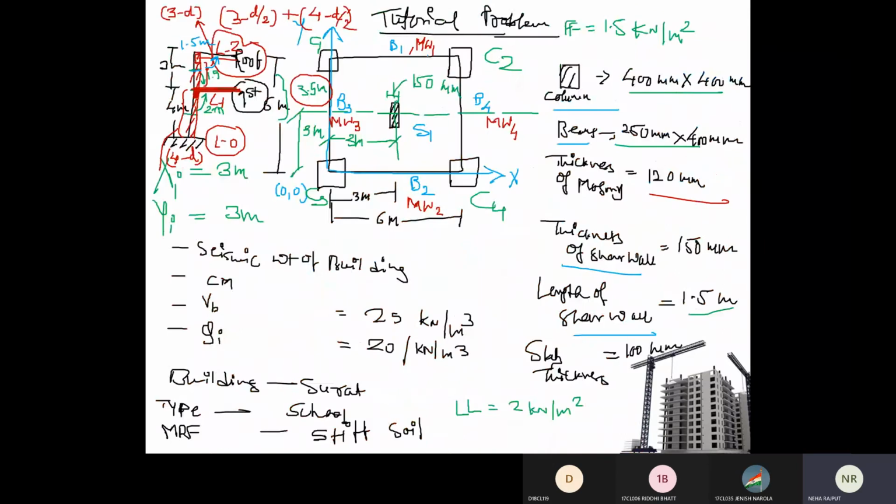Now masonry wall MW1, x distance from origin 3, MW2 3, MW3 0, MW4 6.